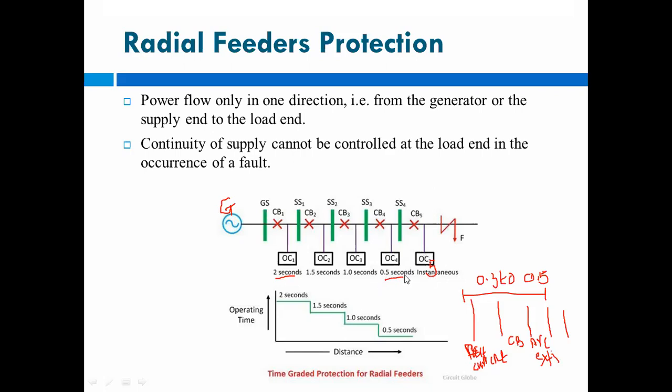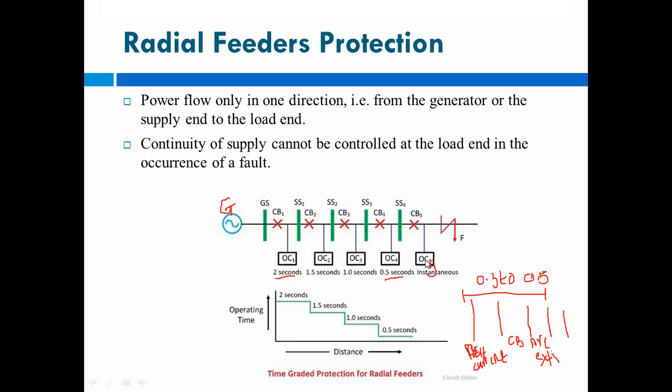This OC5 will act instantaneously without checking whether any other relays are operating or not, so it will operate first when the fault occurs. Then the second relay will operate, having a delay of 0.5 seconds, so the time of operation is delayed by 0.5 seconds for relay number 4.